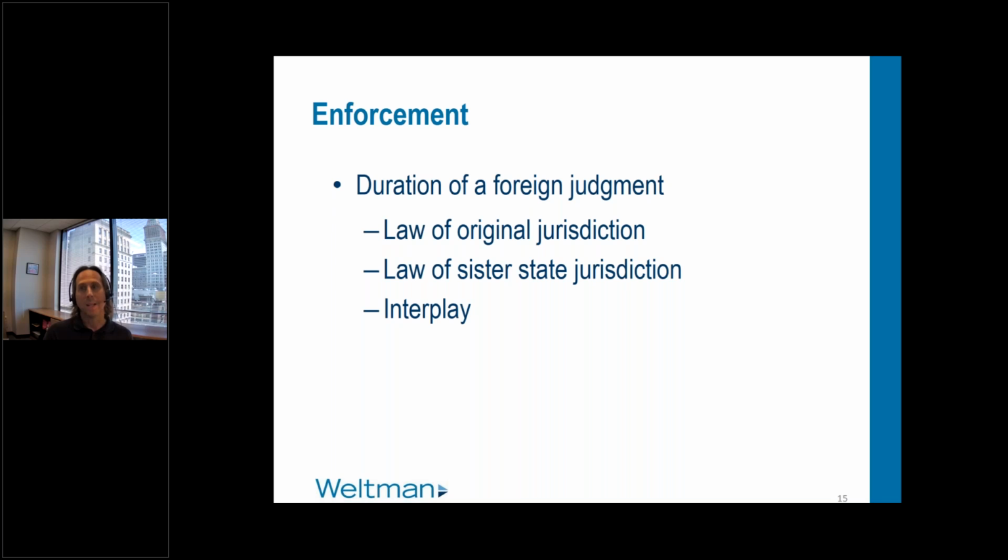Because we may need to also file something in the sister state jurisdiction every few years to keep the judgment active in that state. It depends on the state. It could be like a renewal type of judgment filing. The states really differ on this. And then there's, of course, the interplay between the two that you need to keep in mind.